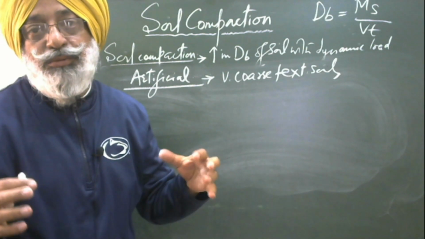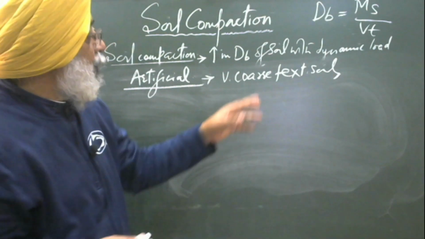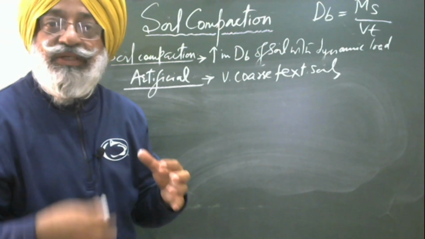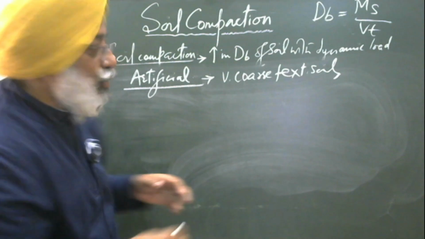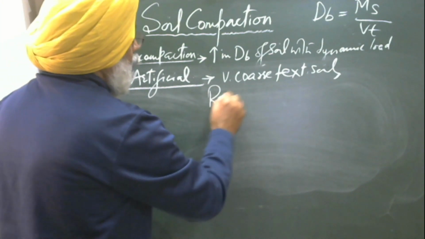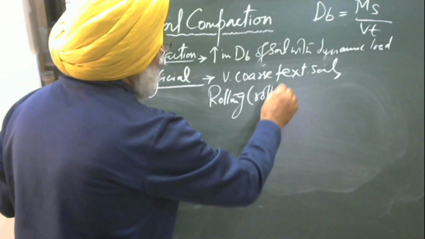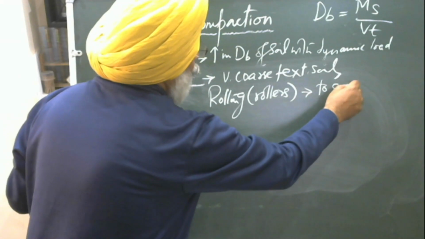So in order to get rid of that frequent irrigation, what we do is that we artificially compact this soil by rolling. So rolling with the help of heavy rollers, this is done to compact the soil.